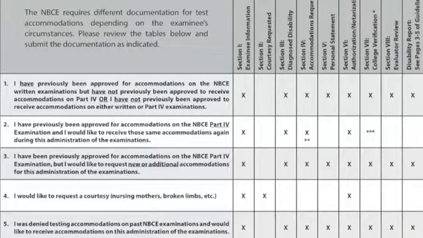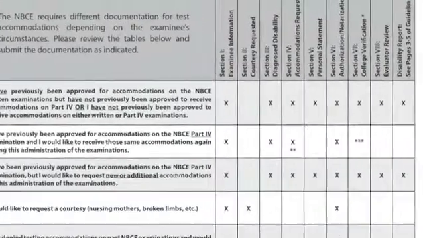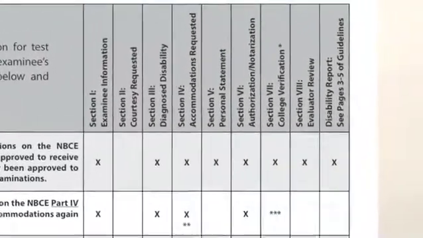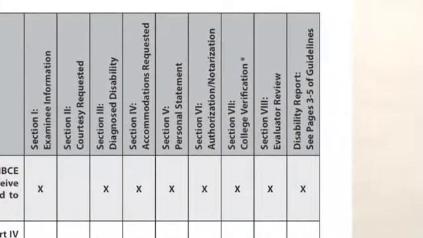For example, the required documentation chart for the Part 4 exam states that you have to submit an evaluator review form and disability report even if you have been previously approved for accommodations on the written exams. Examinees will turn in a request for accommodations on the Part 4 and make assumptions like, they have my disability report from when I submitted it for the written exams, or I already had my evaluator fill out the forms for the written exams.